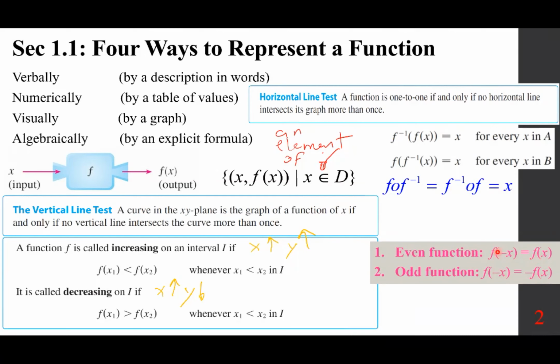So in the case of an even function, it's symmetric with respect to the y-axis, odd function with respect to the origin, (0, 0).